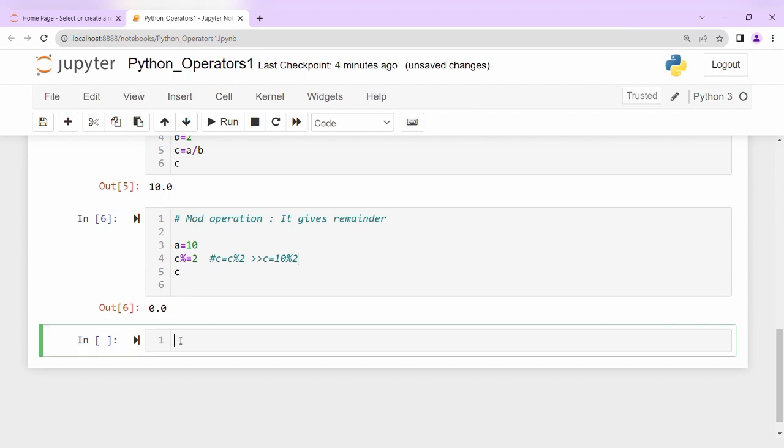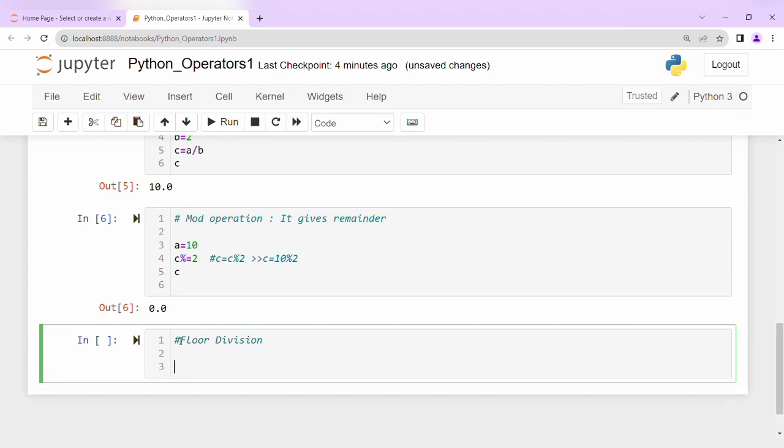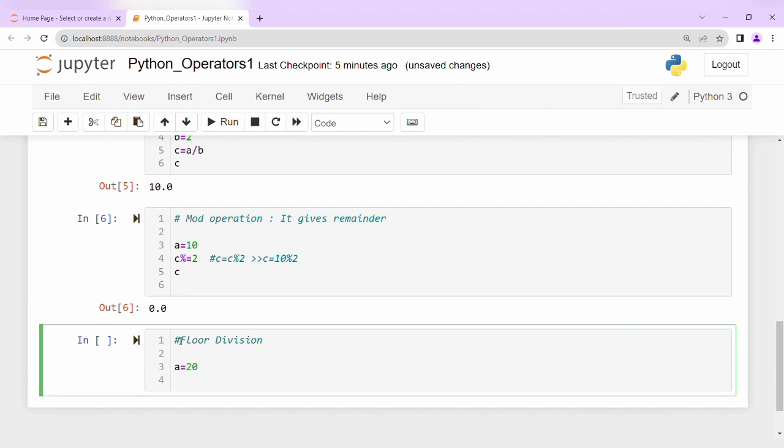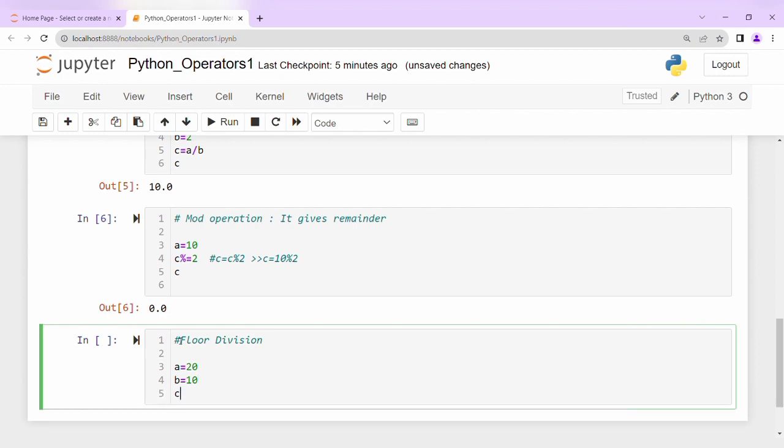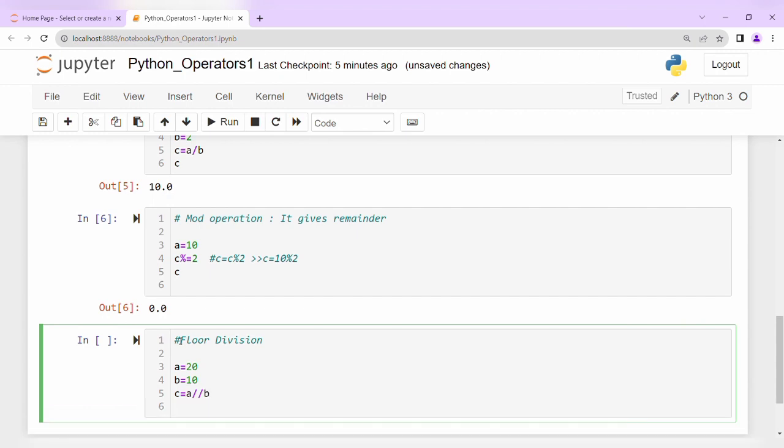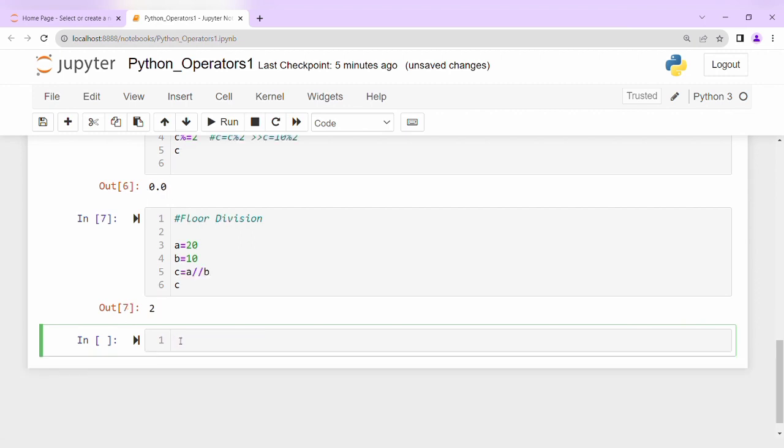Next one is floor division. A is equal to 20, B is equal to 10, C is equal to A floor division of B. Then print C and enter.